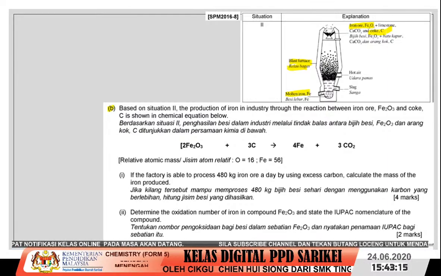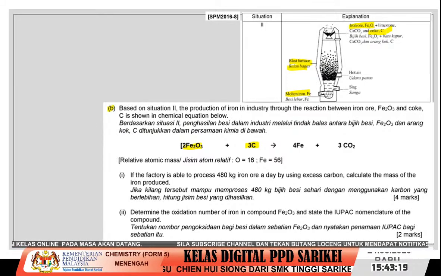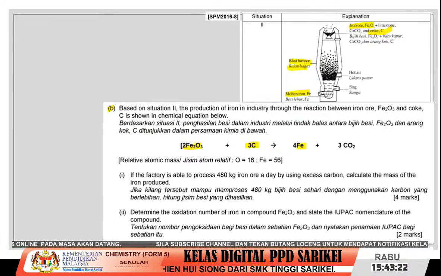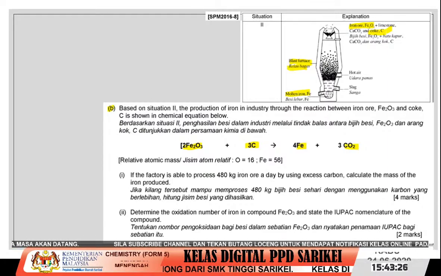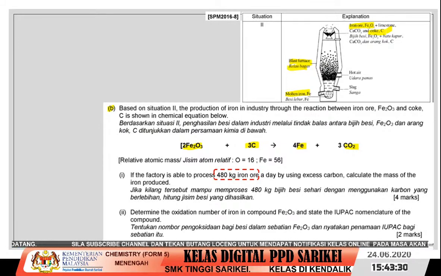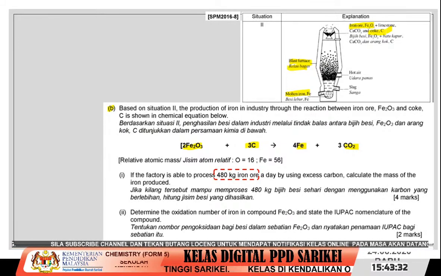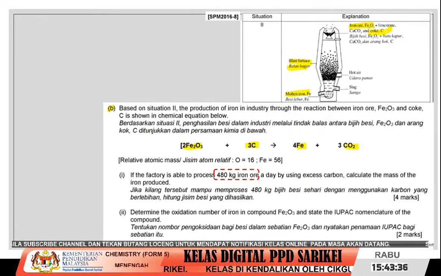Iron(III) oxide reacts with carbon, we get iron, pure iron, and carbon dioxide. So if the factory is able to process 480 kg of iron ore a day by using excess carbon, calculate the mass of the iron produced.